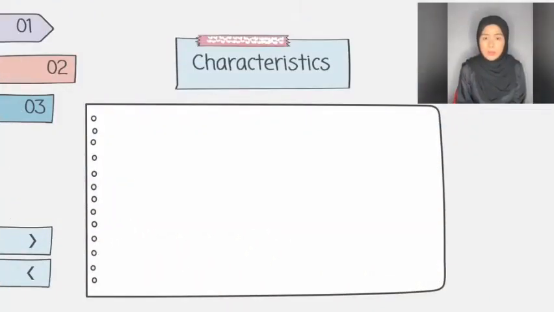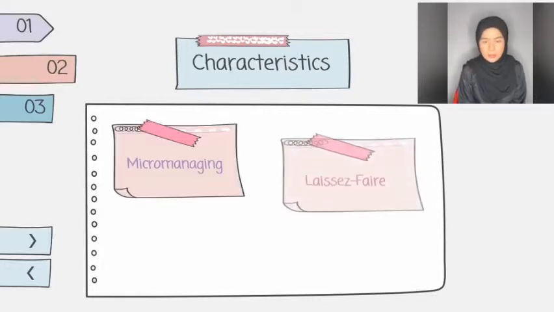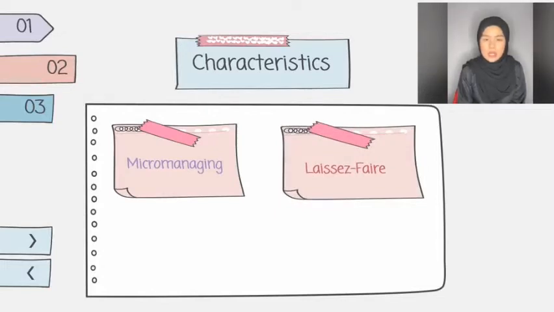Okay, so what about the characteristics of transactional leadership? The first characteristic is micromanaging. It means that all decisions are funneled through the transactional manager, but the responsibility of goal achievement also lies squarely on their shoulders. And as a result, transactional leaders tend to micromanage employees to make everything run accordingly.